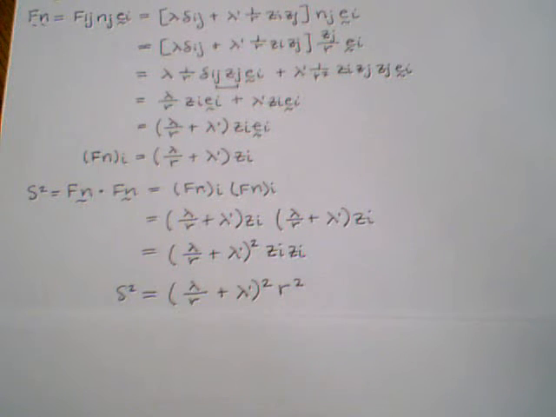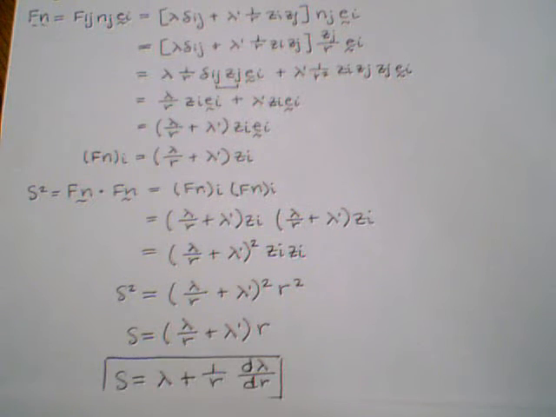And we know that zi zi is equal to r squared. Therefore, we have S squared equals lambda over r plus lambda prime squared r squared. So S is equal to lambda over r plus lambda prime times r. And then, therefore, if we put it in terms of lambda of r and d lambda dr, we have the stretch is equal to lambda plus r d lambda dr.